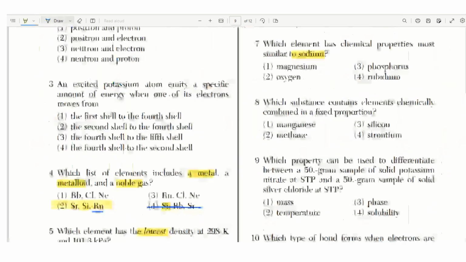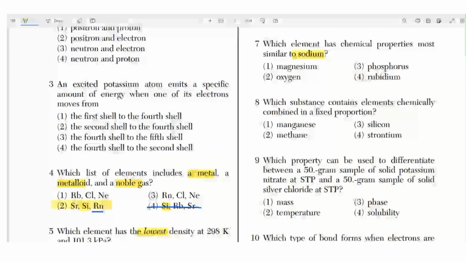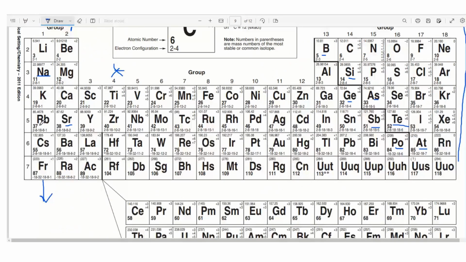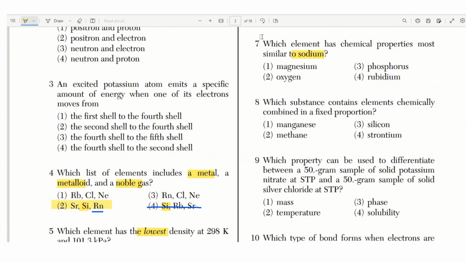So which one of these elements is in the same group as sodium? Right here, rubidium. Oops, not oxygen. Highlighted badly. Rubidium. Oh, I guess I will just underline this. There we go. This one didn't want to go.